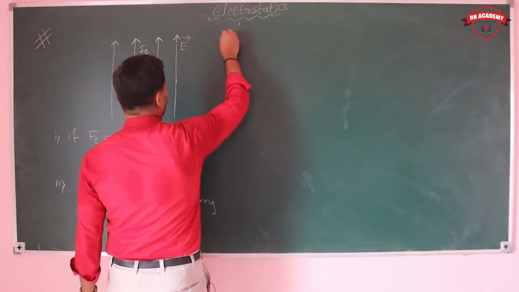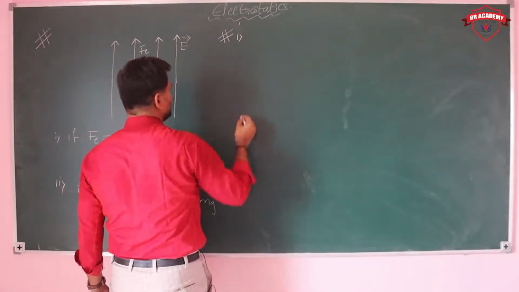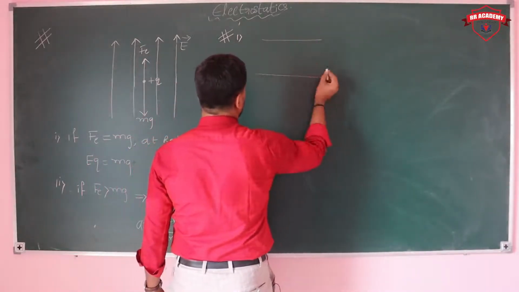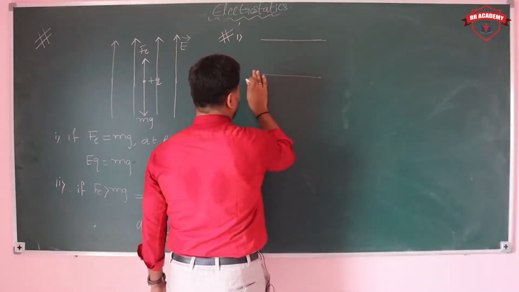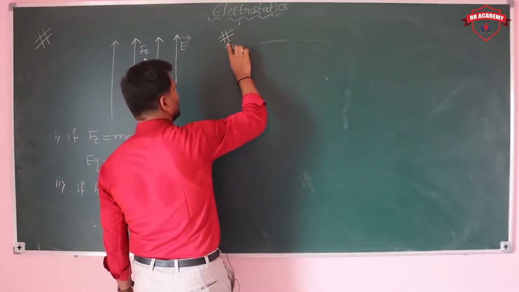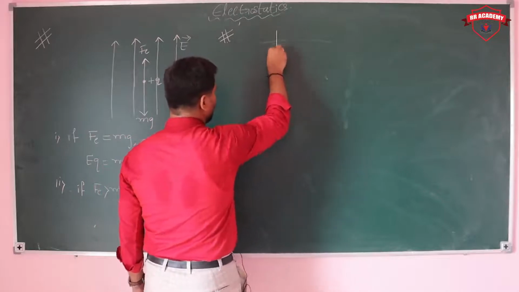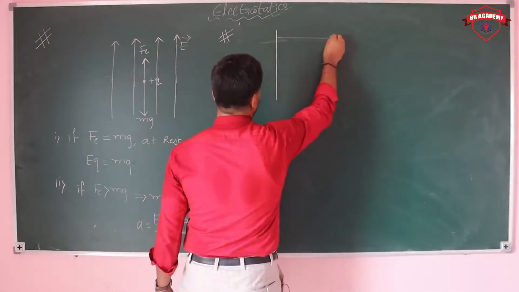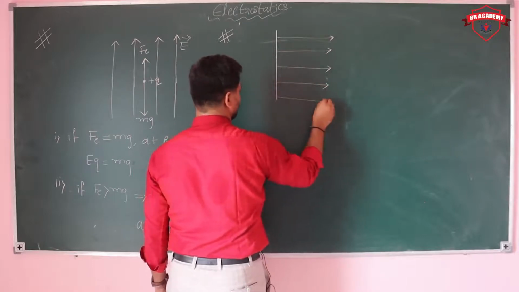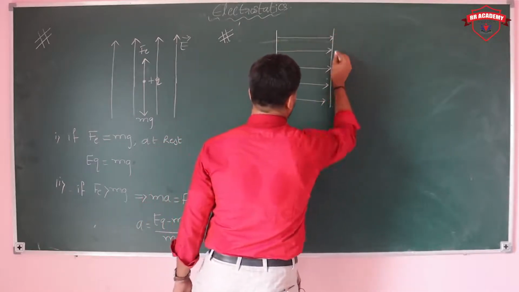Next, for example, here is one more condition I am considering: a uniform electric field in the absence of gravity. Here I am not considering gravity. This is the field direction, the electric field lines.